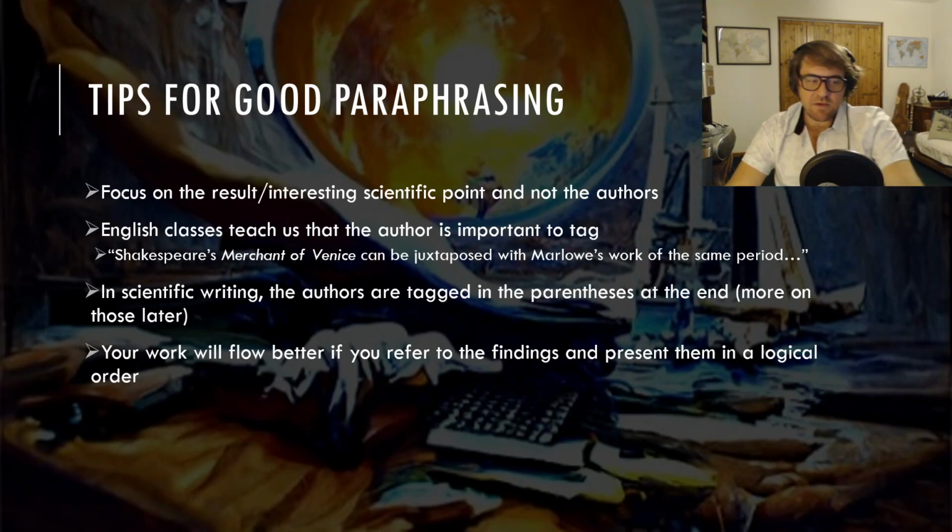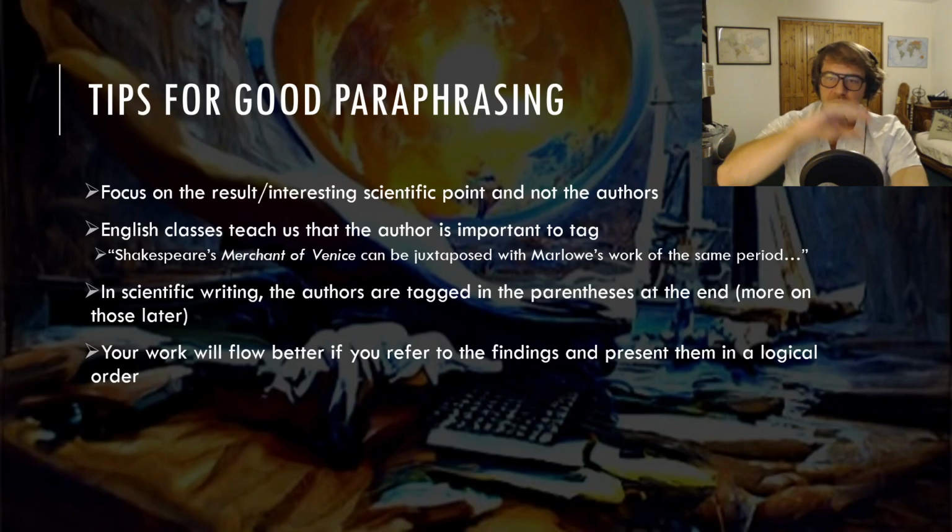Okay, so that's how you do good logical flow. We talk more about logical flow in other slideshows, but I just want to hit again that if you're focusing on the result, it flows better because you're just talking about these results. But if you're focusing on the actual authors, there's not really a good way to keep that flow going.